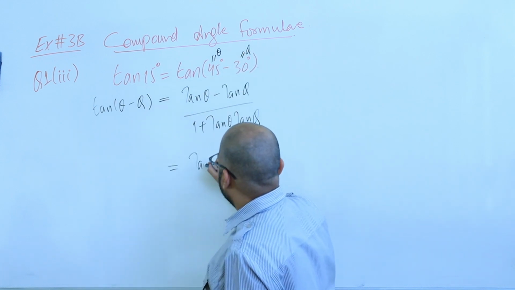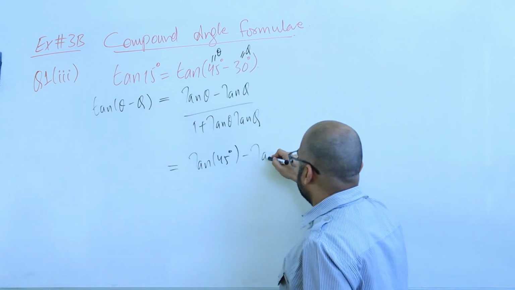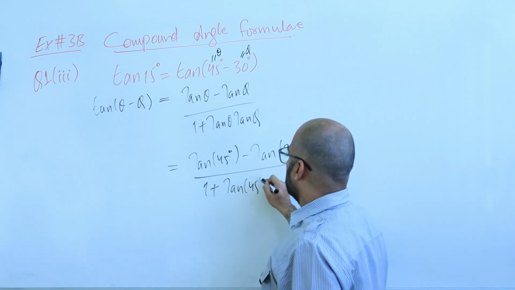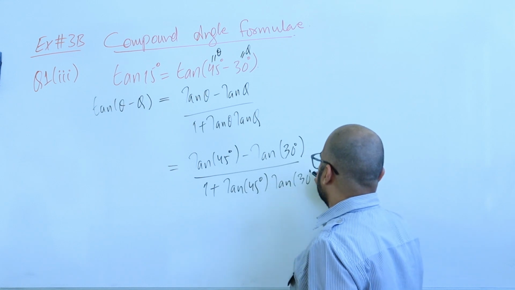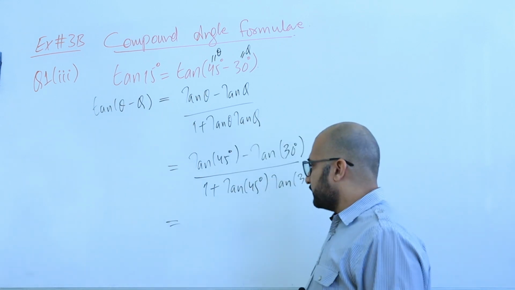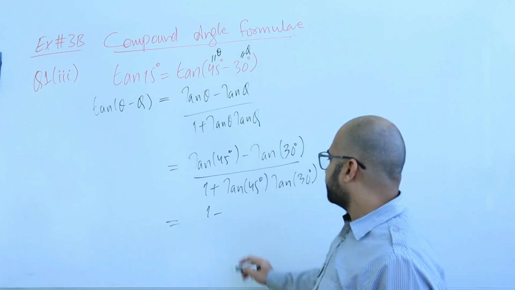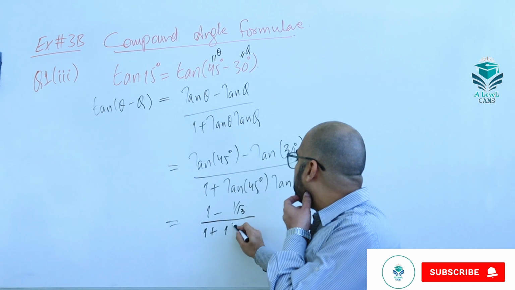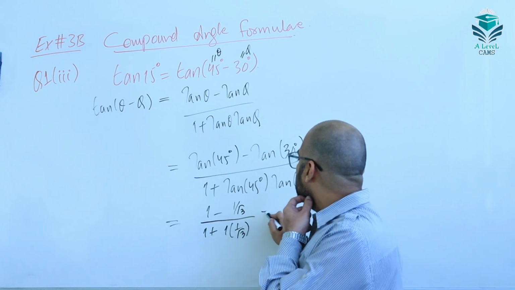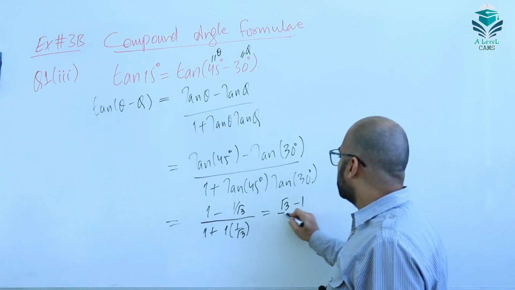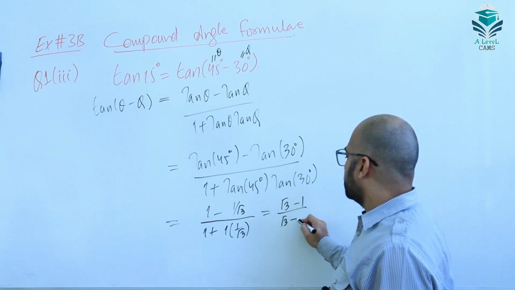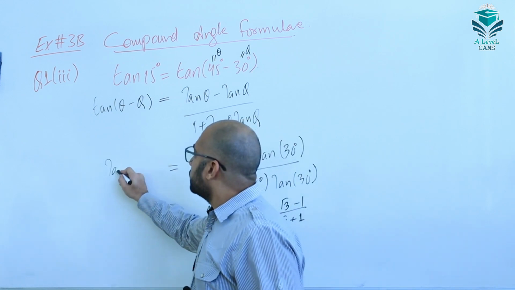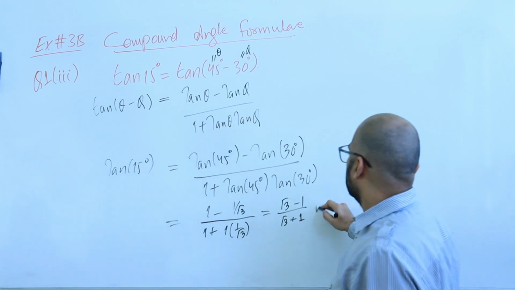You will get tan 45 minus tan 30 over 1 plus tan 45 tan 30. Tangent 45 is 1, and tangent 30 is 1 by root 3. So it is 1 minus 1 by root 3 over 1 plus 1 by root 3. You can write from here root 3 minus 1 over root 3 plus 1, the LCM will be balanced. So that is your answer. It is equal to tan 15 degrees. This is your answer.